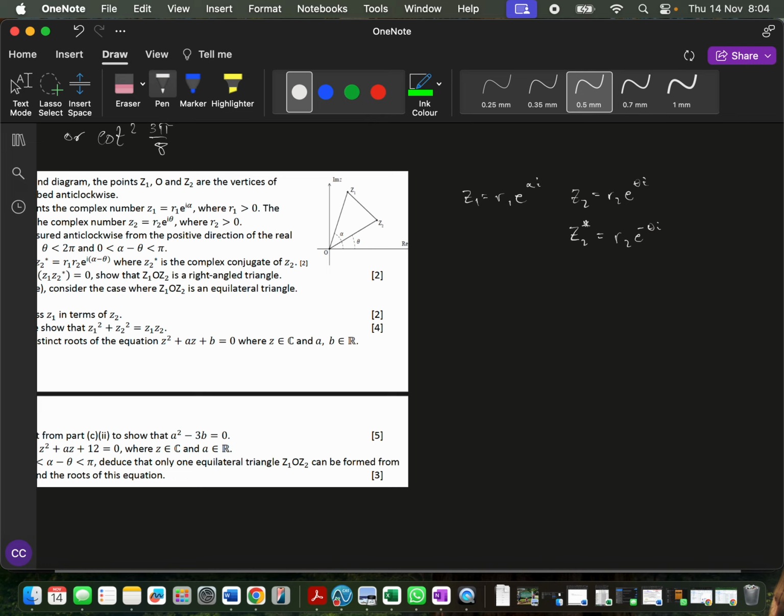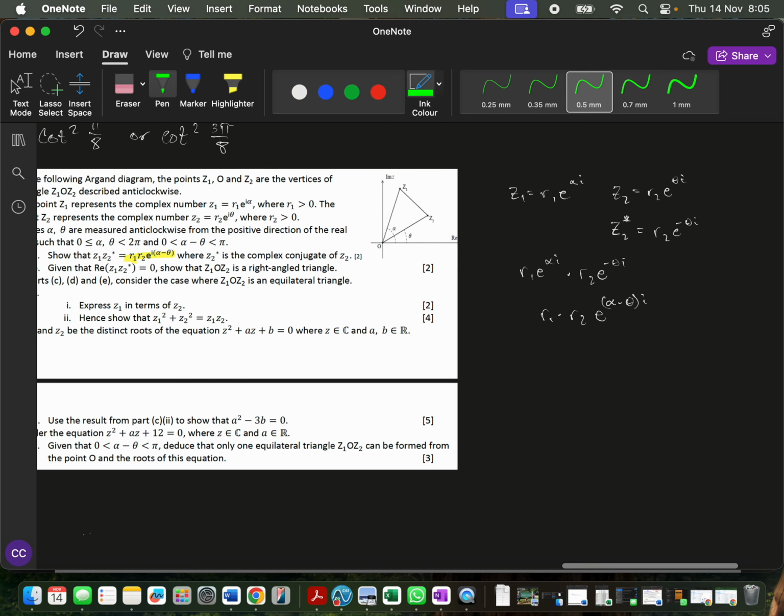So if I multiply r1e^(alpha i) times r2e^(negative theta i), I get r1 times r2 e^((alpha minus theta) i), which is exactly what we were looking to get here. So we've got that, and we're good. Okay, next question.